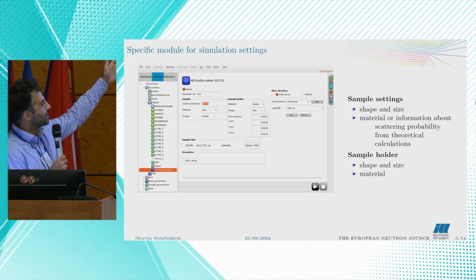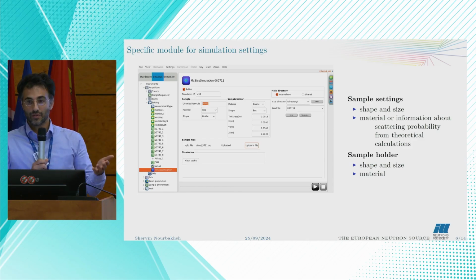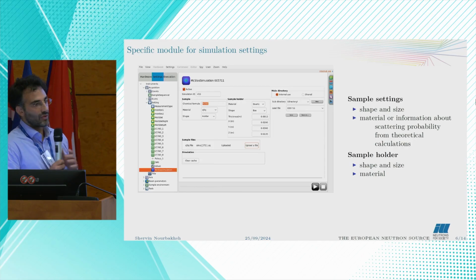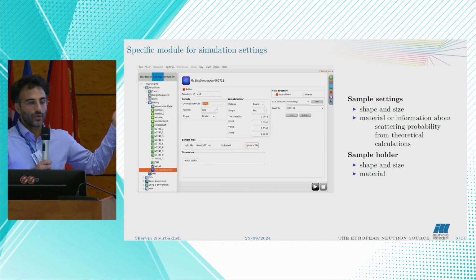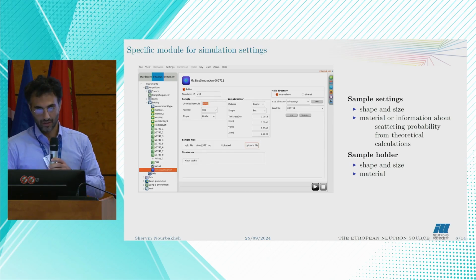And they can select it from a predefined list of something that we have already entered, but they can also provide in the McStas format currently, such as S(Q, omega) for samples that they have simulated somewhere else in DFT, and so on and so forth.